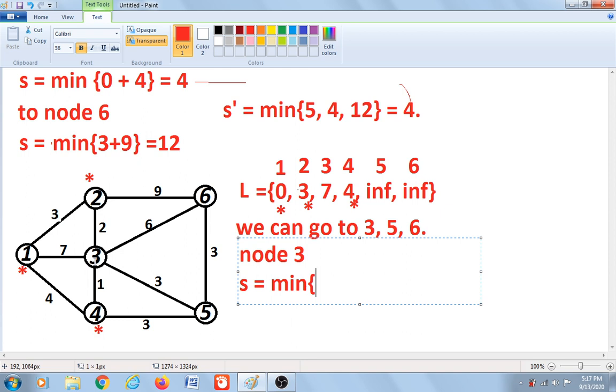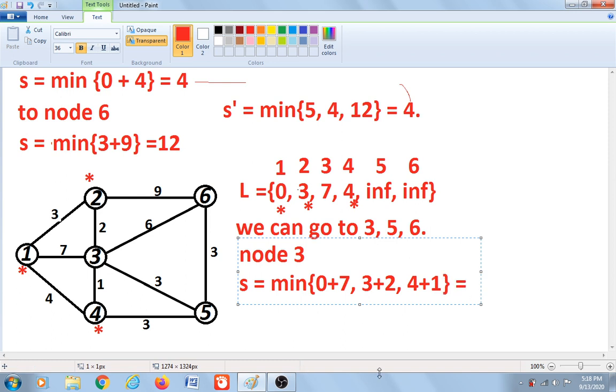To node 3, we can go from node 1, node 2 and node 4. If we go from node 1, it will be 0 plus 7, that is 7. If we go from node 2, 3 over here, so 3 plus 2. And if we go from node 4, we have 4 over here, 4 plus 1.